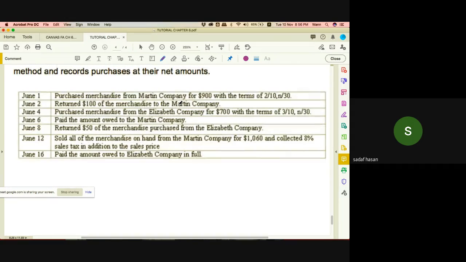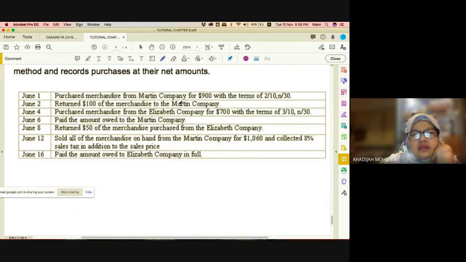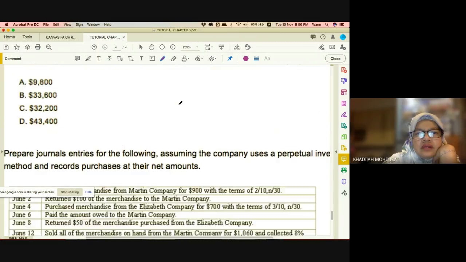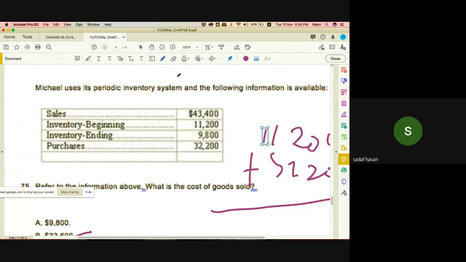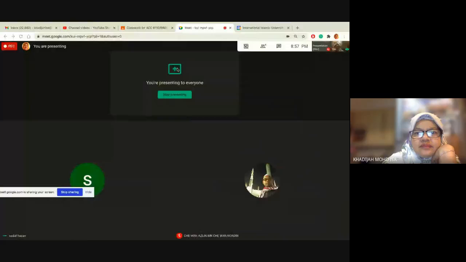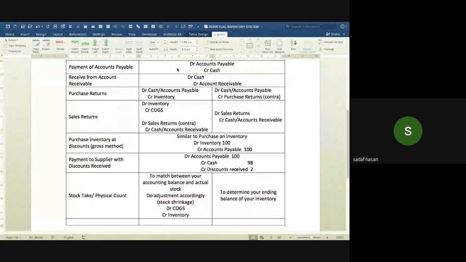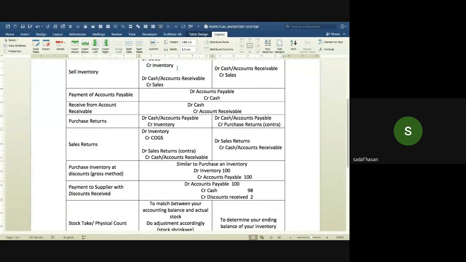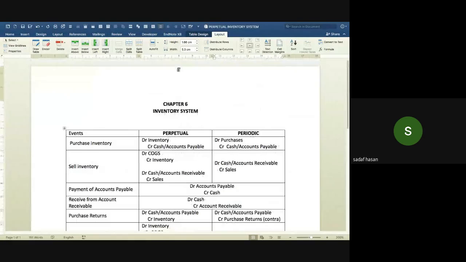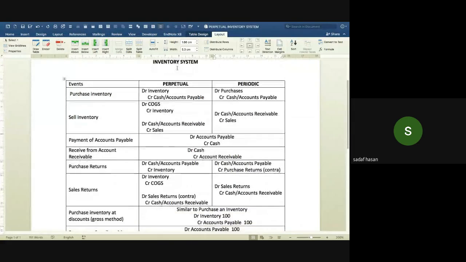Ma'am, I have a question regarding the inventory. It's in the Word file. Okay, hold on. On the perpetual side, we're using inventory.